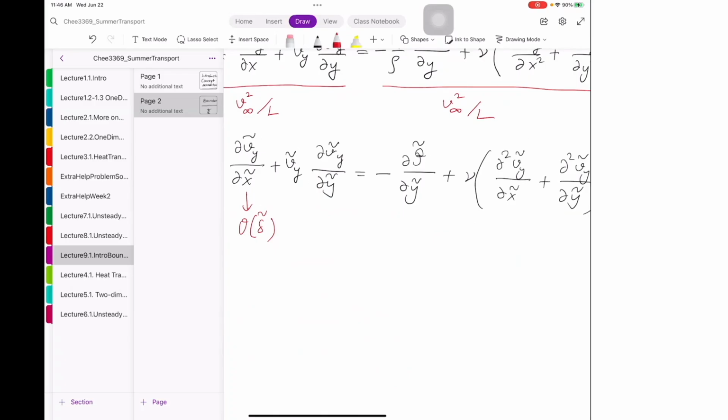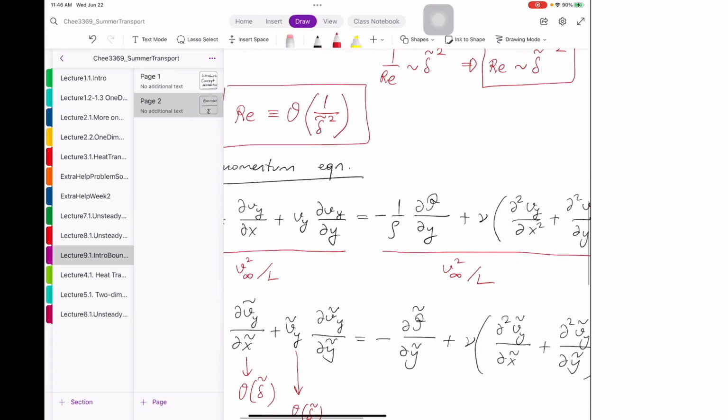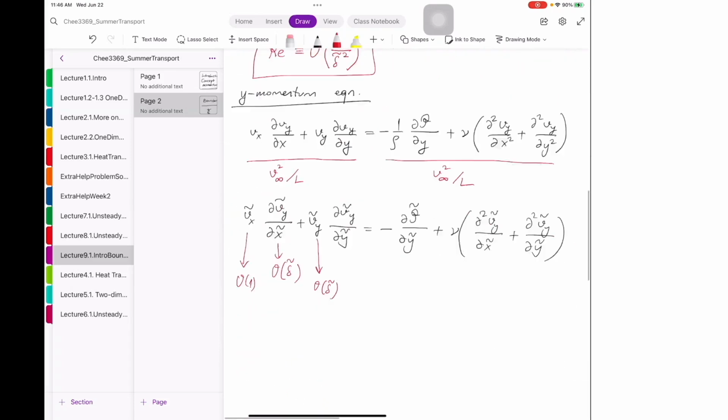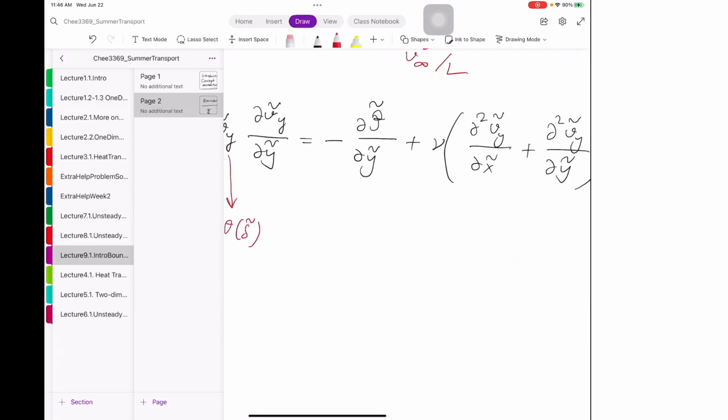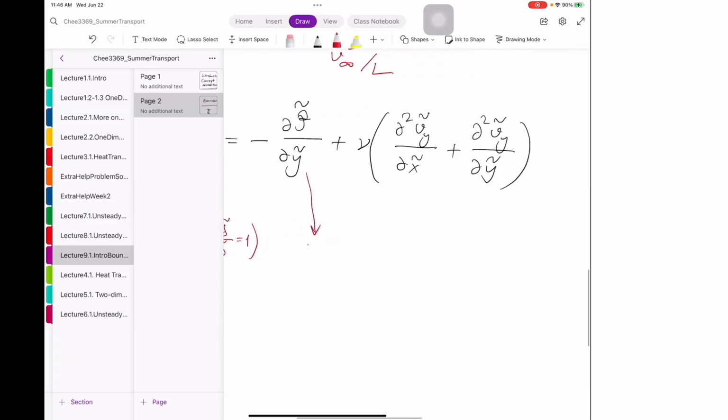Now, I recommend you, as an exercise, to write down the original equation and try to guess the order of magnitudes of each term by yourself at home, just as a practice, okay? And make sure you can do it. And this del Vy tilde over del y tilde has delta tilde divided by delta tilde, which is in the order of 1.